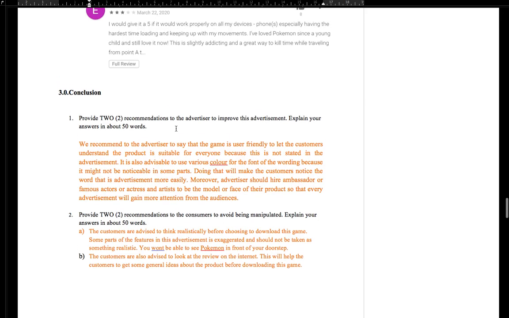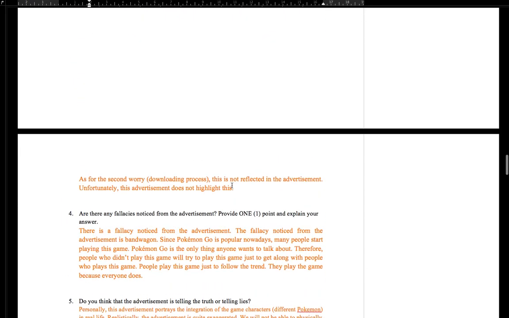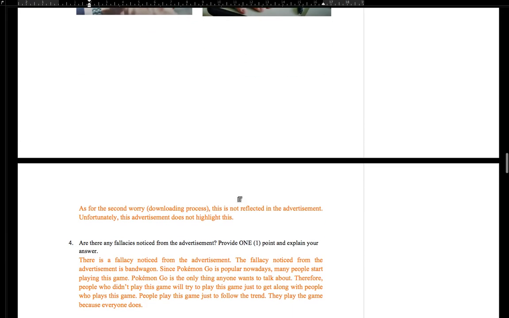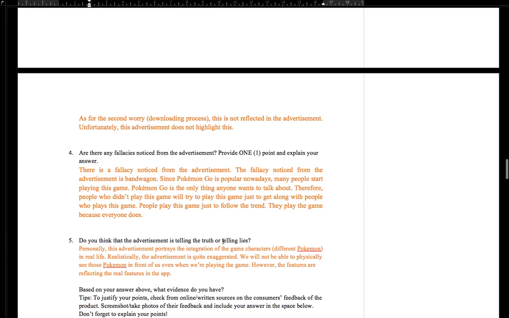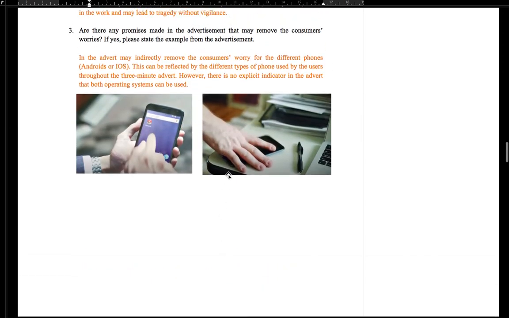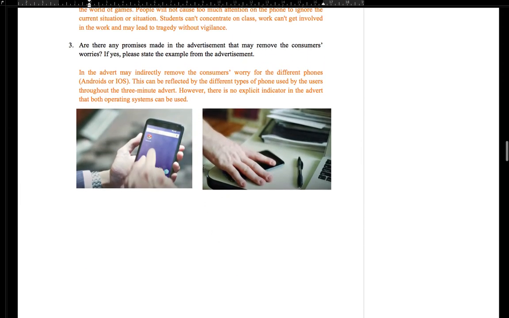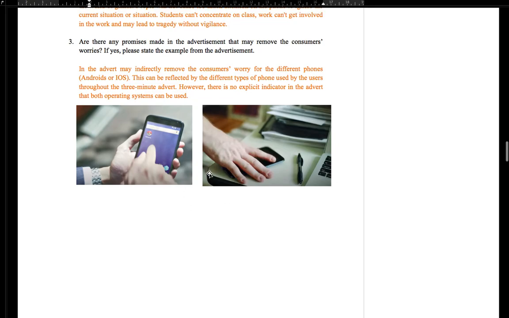Number 2, you can also hire some very famous actor or celebrity to be the model. Or number 3, we might want to consider telling people about the payment fees, because that is one of the concerns that was not mentioned in the video itself.